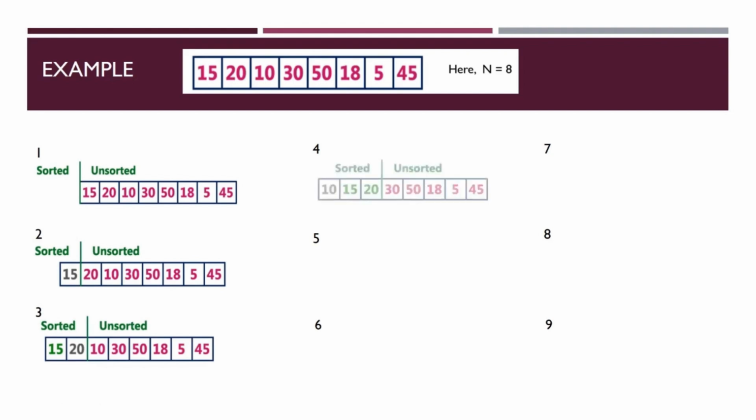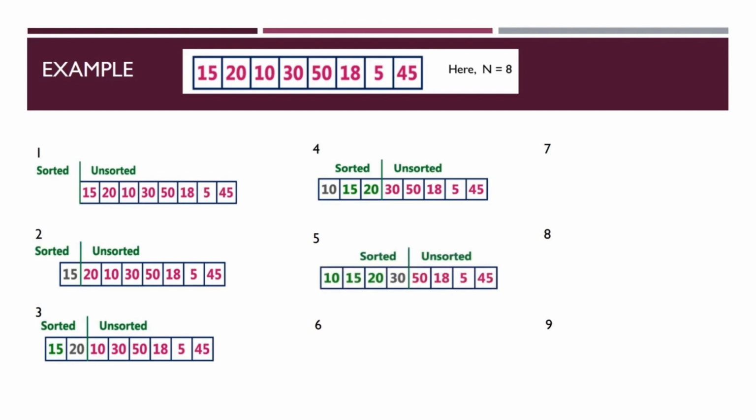In the next step, to move element 10 from unsorted to sorted portion, compare 10 with 20, it is smaller, so swap. Then compare 10 with 15, again smaller, and swap. And 10 is inserted at the correct position in the sorted portion of the list.